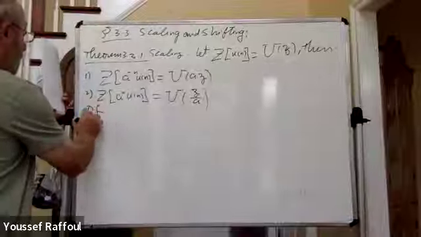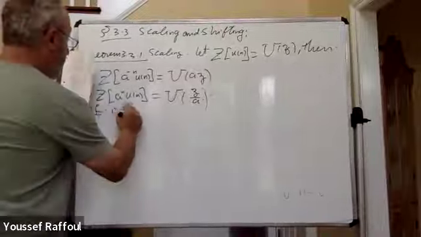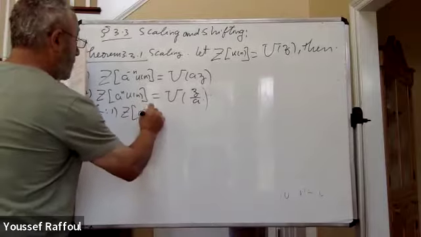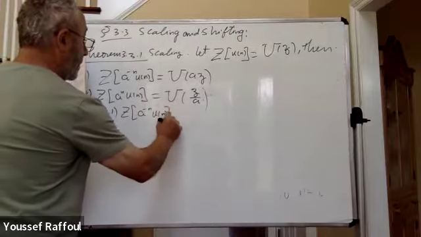Okay, let's do the proof of one. What is Z of a^(-n) u_n?